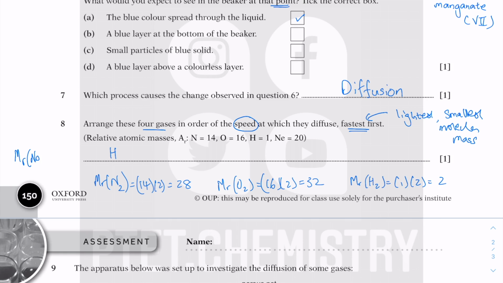But the strange thing with neon is that it exists as a single atom, also known as monoatomic, simply because it's a noble gas. It doesn't like to form any sort of chemical bond, and this will make more sense once we reach the chemical structure and bonding topic a couple of months from now. All right, so hydrogen is the lightest, so it's actually existing as H2, followed by neon.